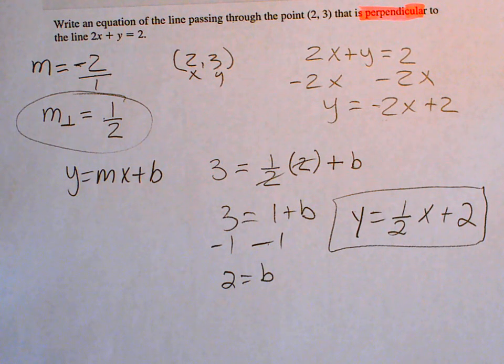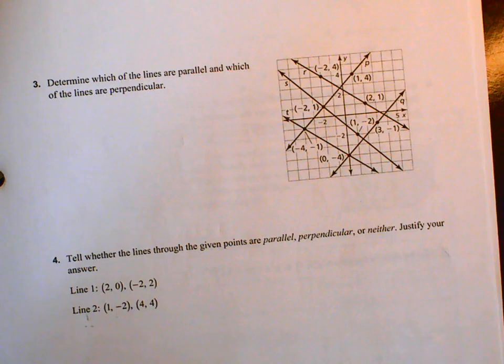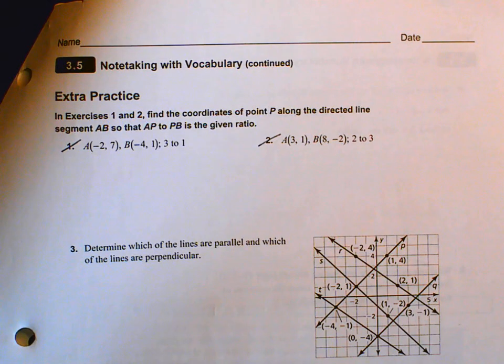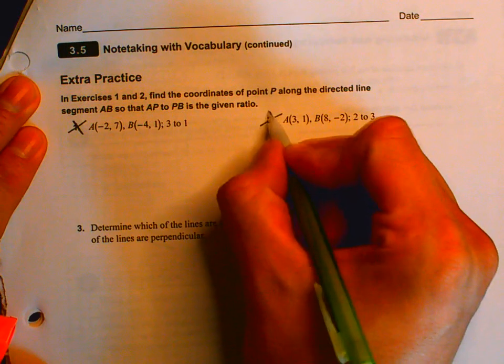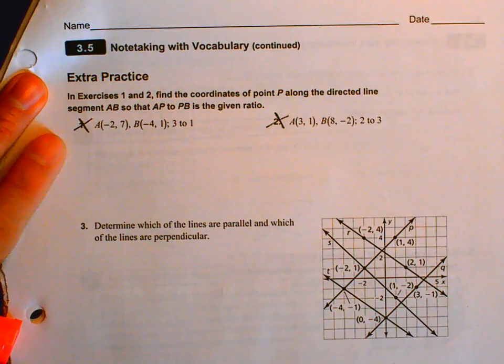All right. Now, before we end the video, okay, there are some problems from your extra practice that I do not want you to do because I did not teach you how to do it, and I don't want you guys to stress over, I don't know how to do this, you didn't show me in the video. Okay, so if you go to your journal on page 89, I want you to cross off problems 1 and 2.